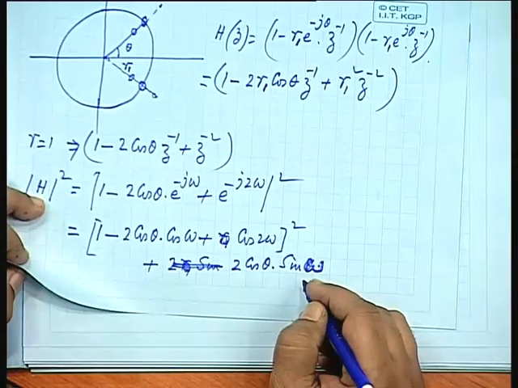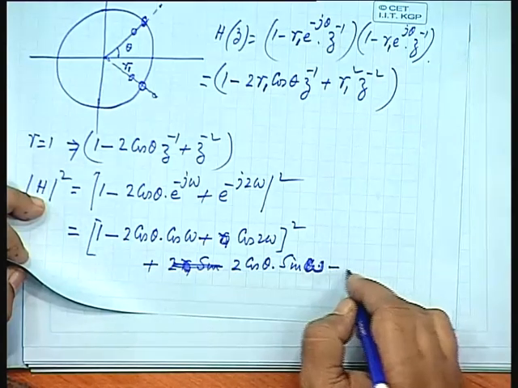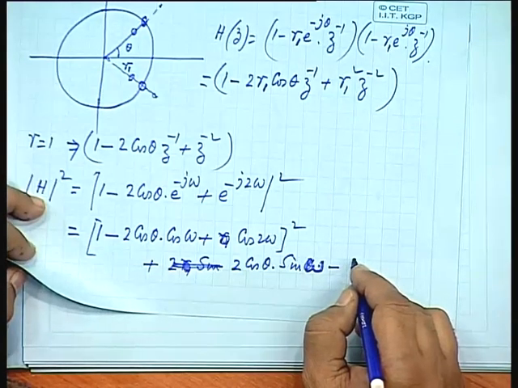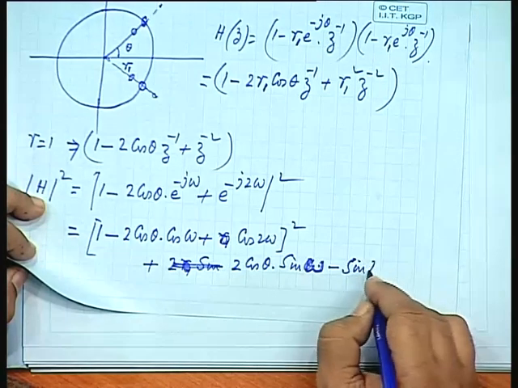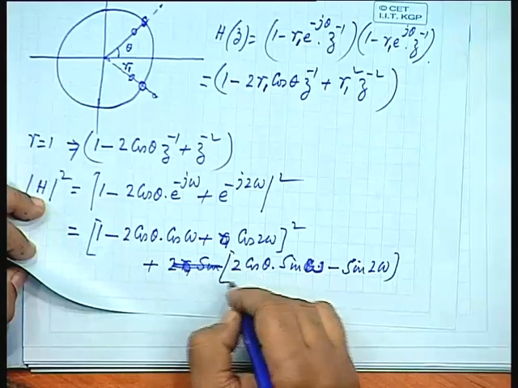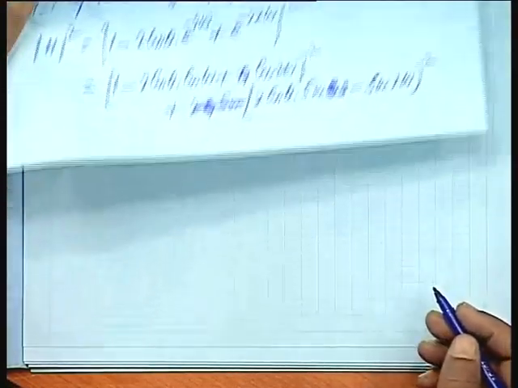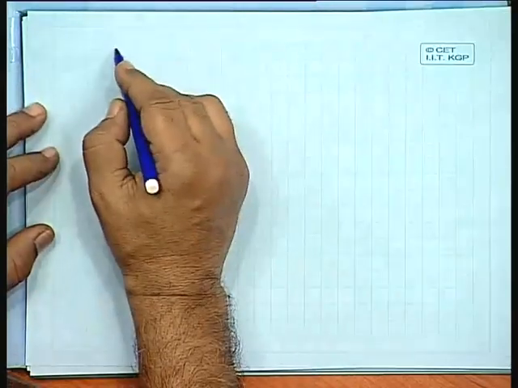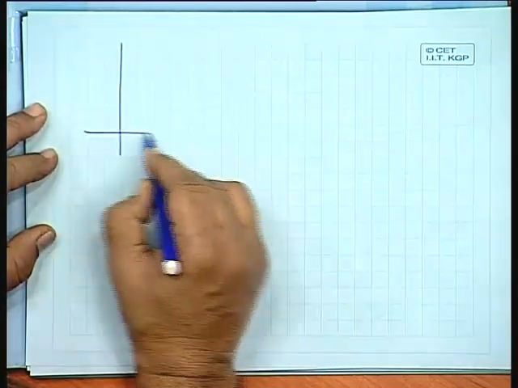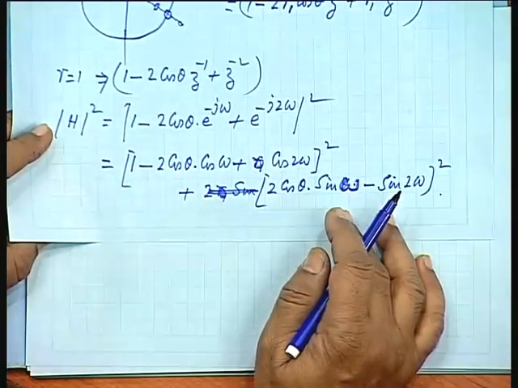Any one of them will be minus, and then sin 2 omega, whole square. Is it okay? So, if you simplify this, I leave it to you.